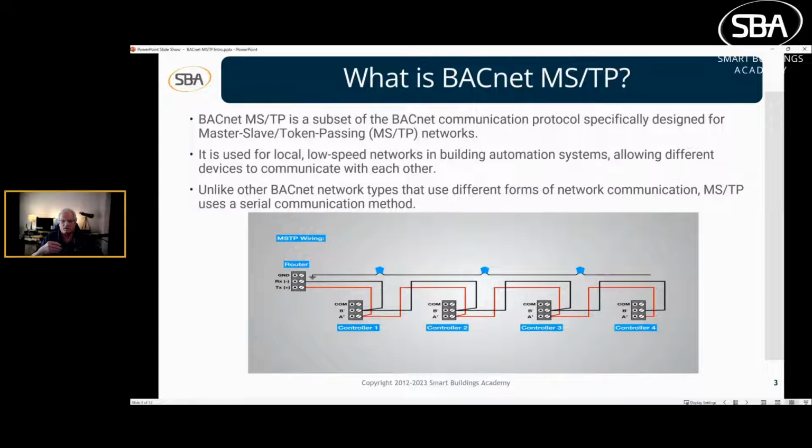And that's what it looks like. When you say serial communication method, in this case, the definition of serial communication is pretty much exactly the way the physical bus topology looks. It is a system wired in parallel, and the communication goes from one device to the next device to the next device to the next device.